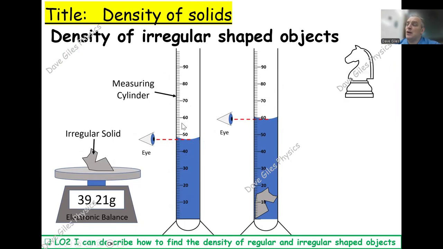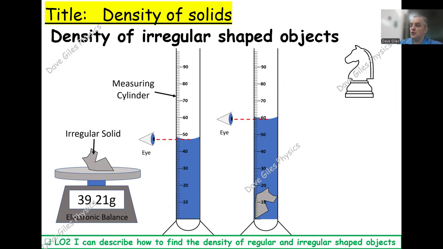Just to be clear, it might say milliliters on the measuring cylinder, but 1 milliliter is the same as 1 centimeter cubed. It then goes up to 59. So that has been an increase of, from 59, it was originally 48, so that is 11 centimeter cubed increase.